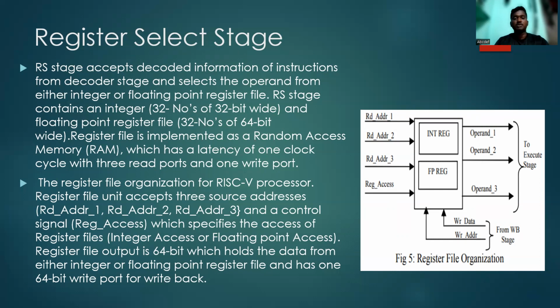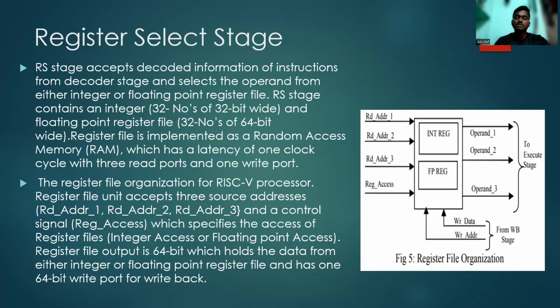Register file is implemented as a random access memory which has a latency of 1 clock cycle with 3 read ports and 1 write port. The register file is organized for the RISC-V processor.